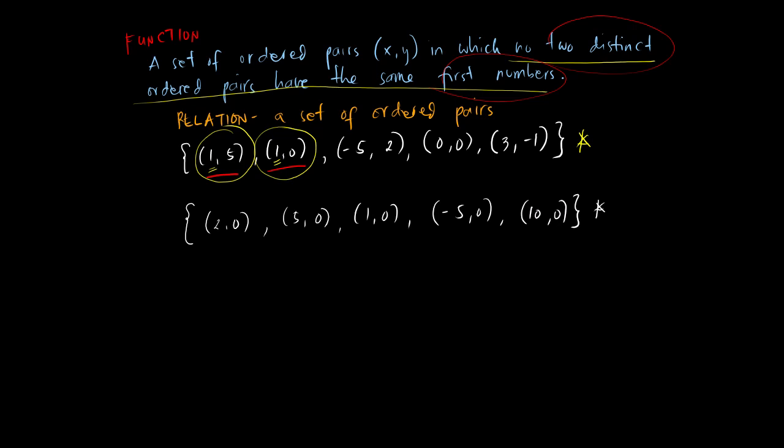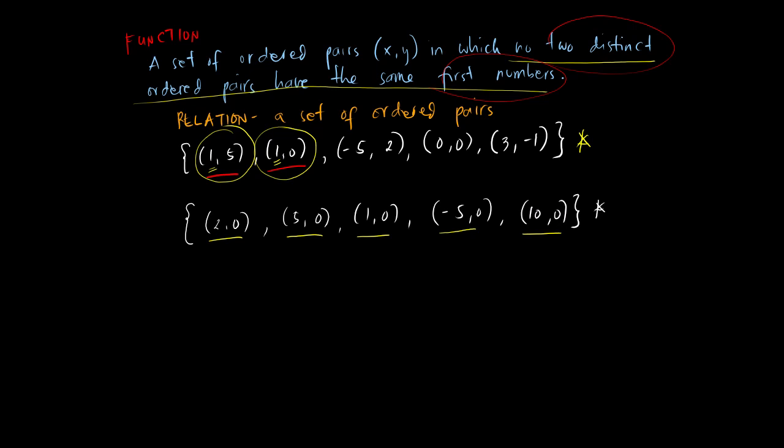Look at the ordered pairs. Do you see any two distinct ordered pairs that have the same first numbers? We have 2, 0, 5, 0, 1, 0, negative 5, 0, 10, 0.